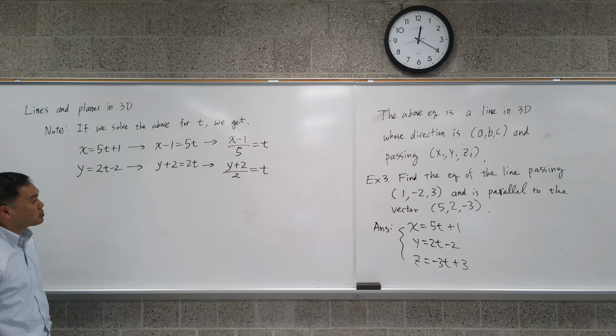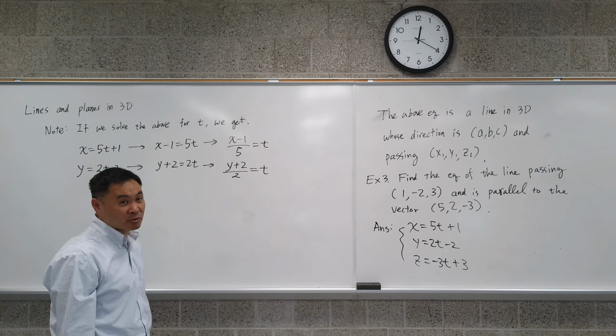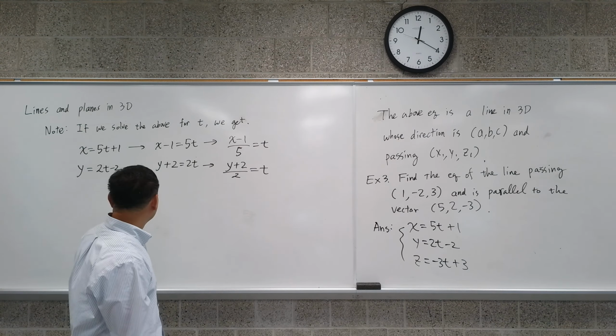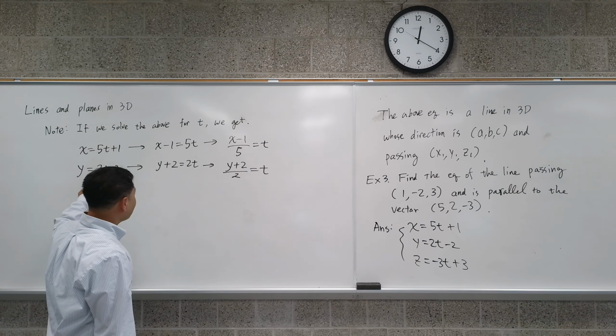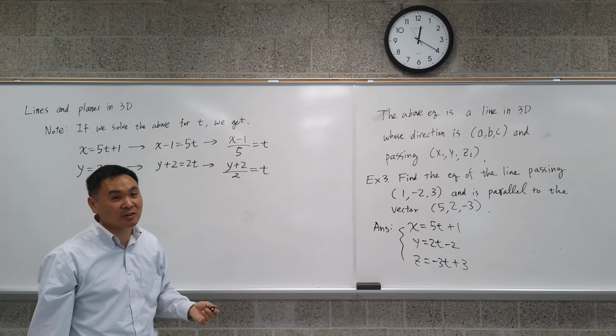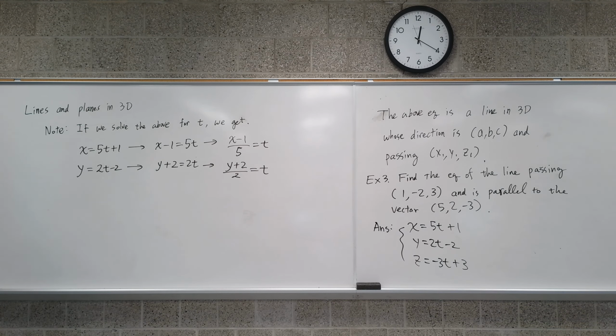We haven't gotten rid of the t yet. I'm just solving for t for now. If you plug in what you got for t, of course it's the same thing, you just get t equals t. But that's not my point. It's not a surprising result. t is always t.